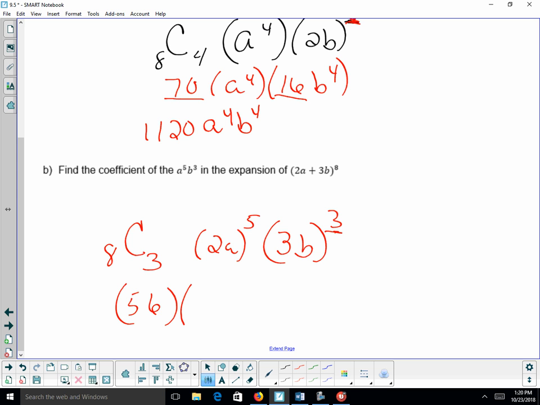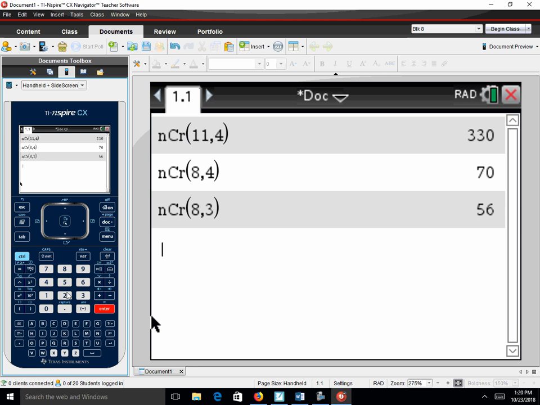Then 2, 4, 8, 16, 32. 32a to the 5th. 27b to the 3rd. And then I'm going to multiply 56 times 32 times 27, and I get 48,384.